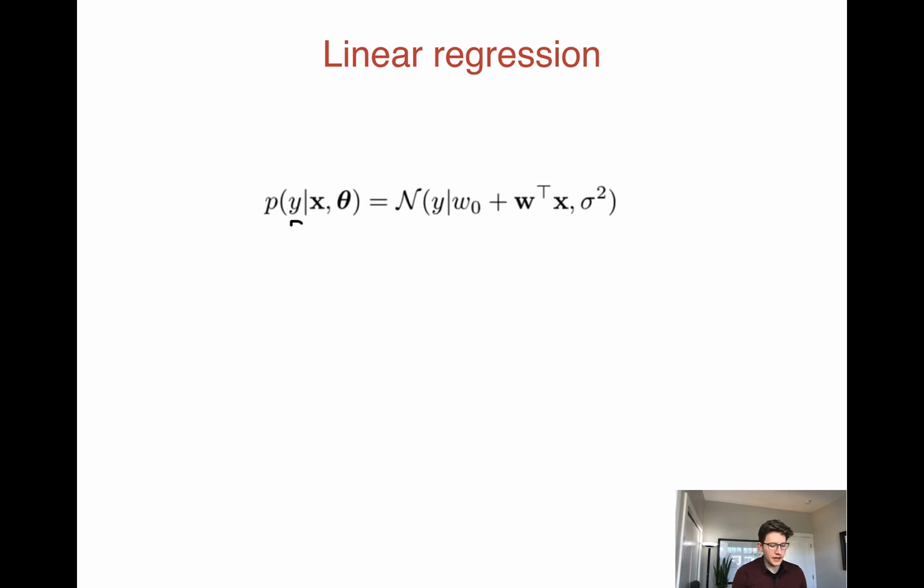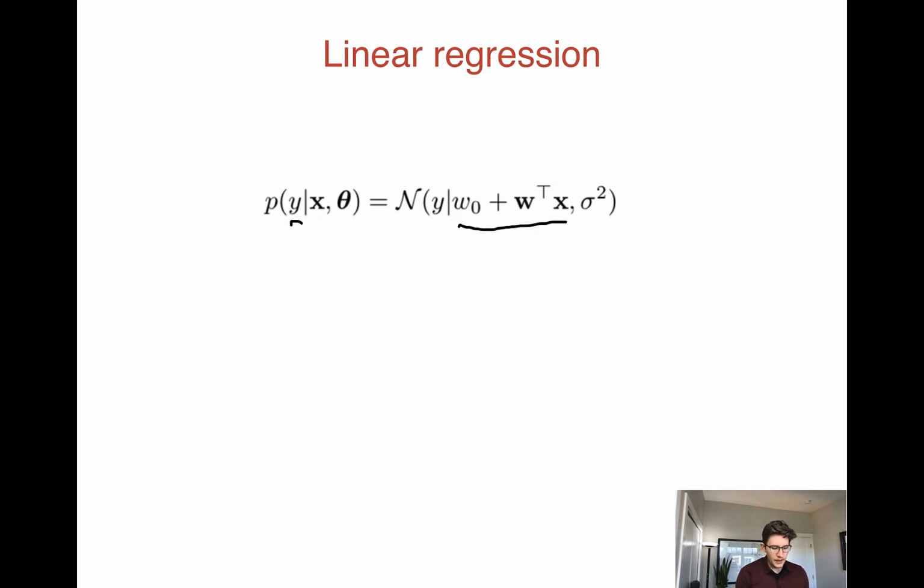So this looks just like in the logistic regression case, but in that case, y was a binary variable. Now y is continuous, but still univariate. And we're going to imagine that y is distributed according to a normal distribution with this mean here and some variance sigma squared.